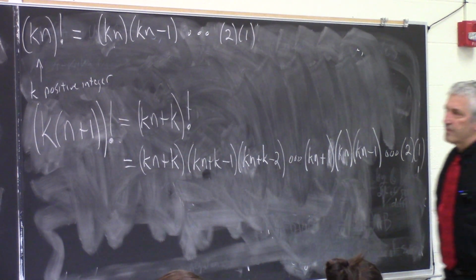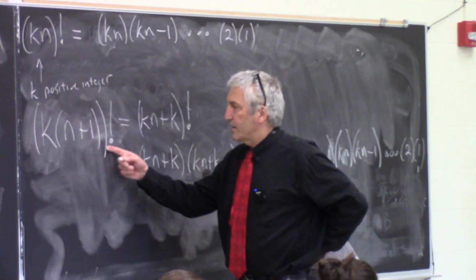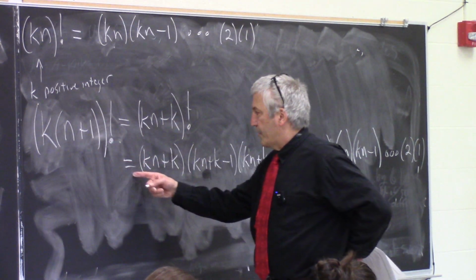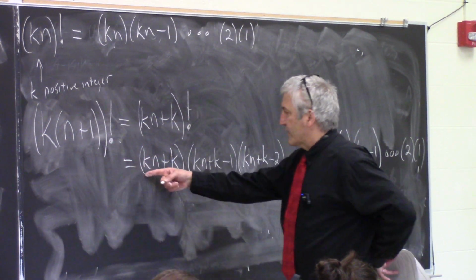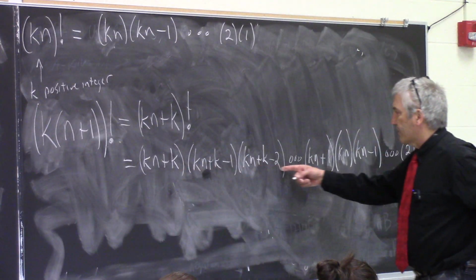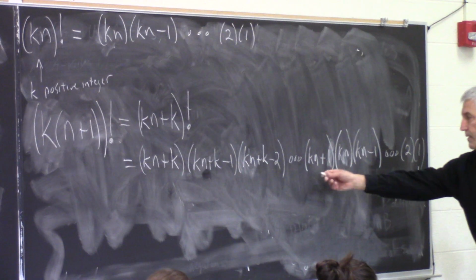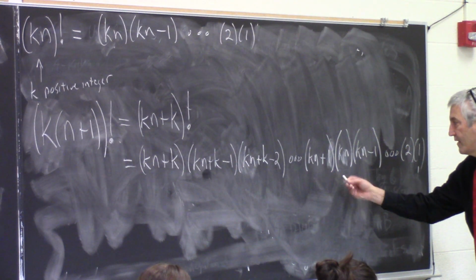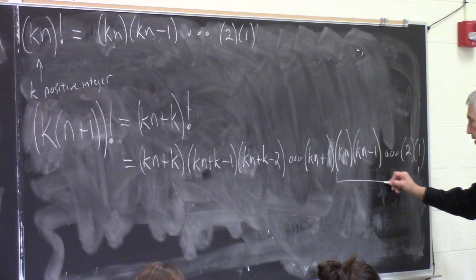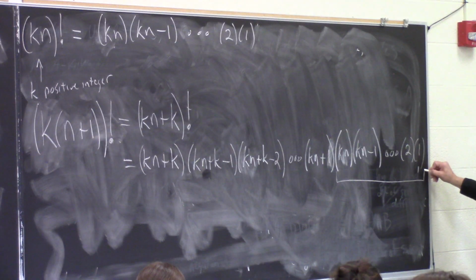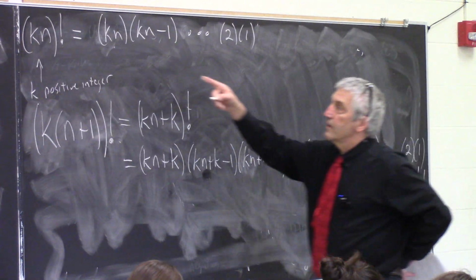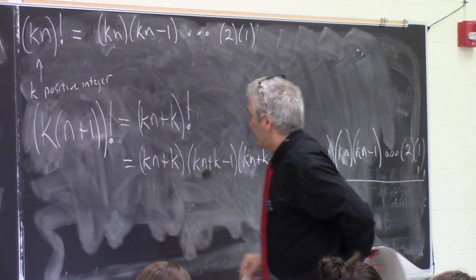So again, this is a messy thing, really messy. But when you break it up, you realize you're going to have this big product of all these terms, and midway there's going to be a transition where you've got this, and realize that from here on, this stuff is kn factorial.